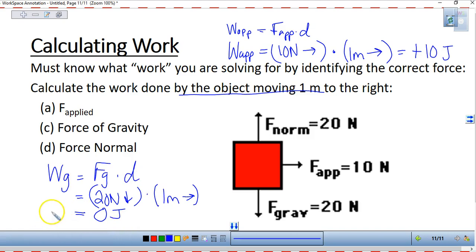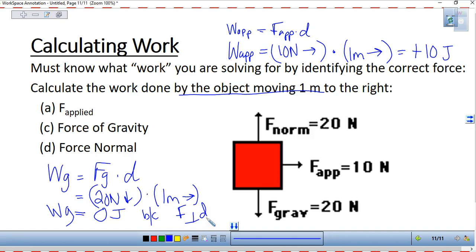So the work is 0 because the force and the distance are perpendicular. This little upside down T is the symbol for perpendicular, so you could write it as an abbreviated form, and you could write it exactly like this. You can skip this whole thing if you're like, yep, it's 0, but just give me a quick description like they're perpendicular. So you can actually skip the calculation.